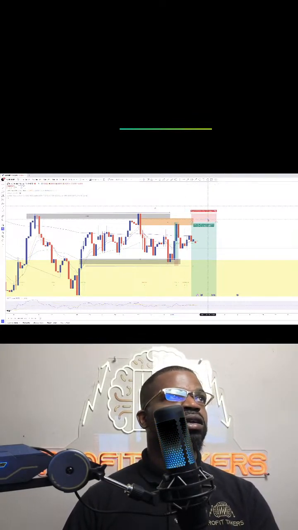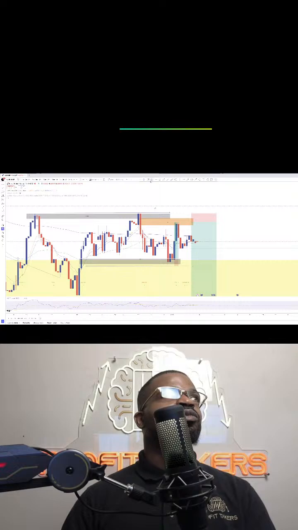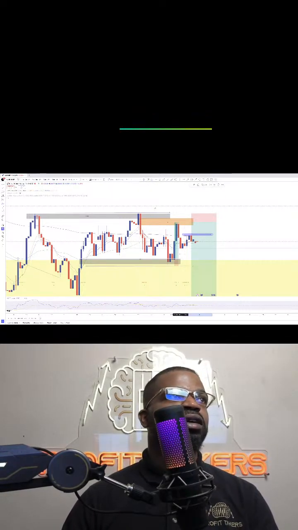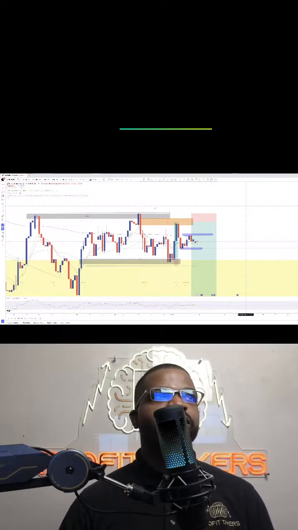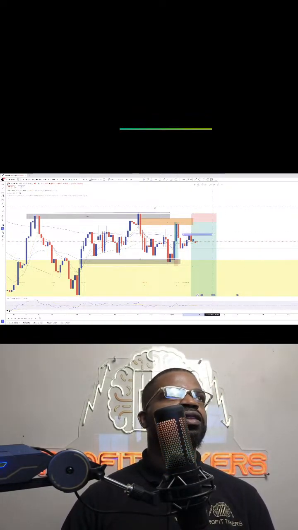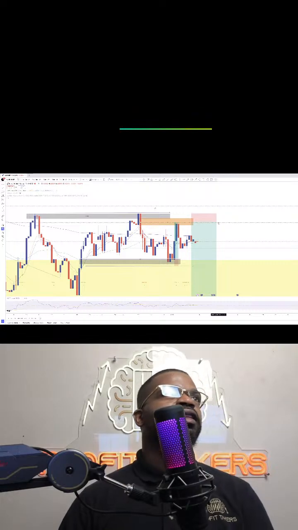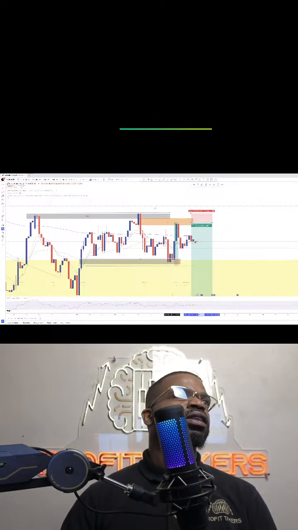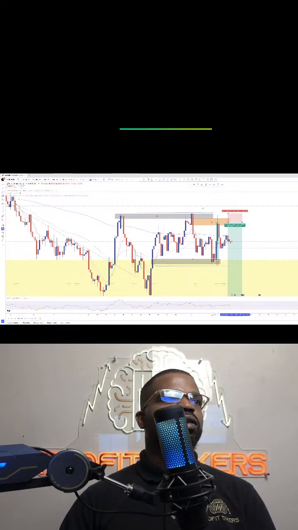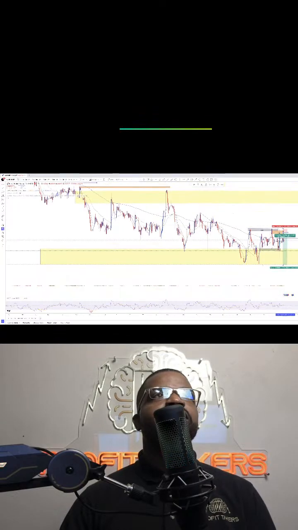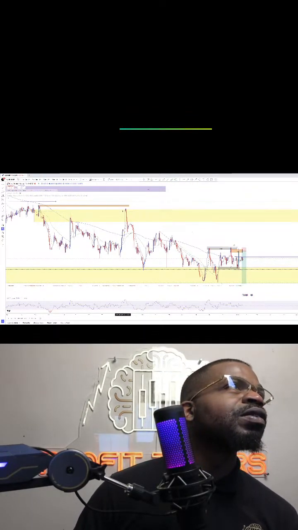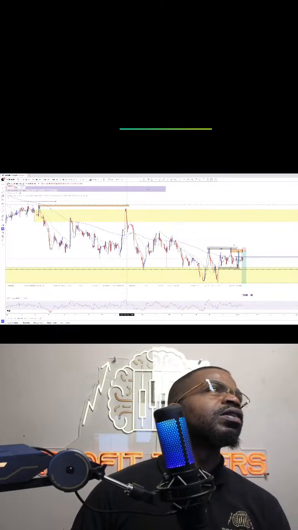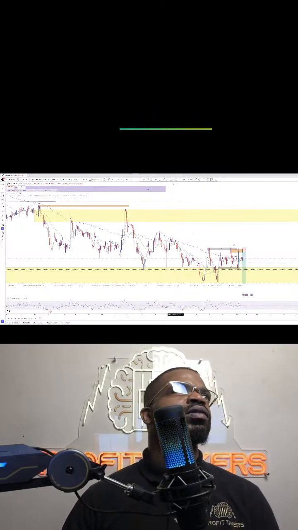Another key area. If we do not get a break of this high right here, huge chance we can see a continuation to the downtrend on Euro Pound. So let's see if we break above. Cool.